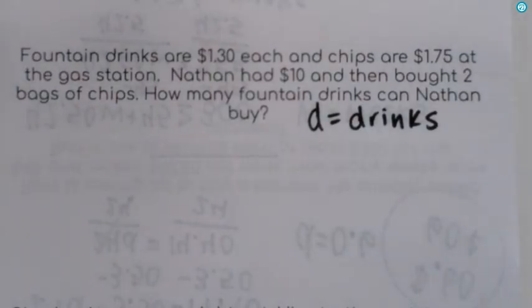Next question. How much money did he spend on chips? How much is a bag of chips? Read the problem. How much is a bag of chips? $1.75. How many bags of chips did he buy? 2. So we have to do a little pre-math before we put it in our problem.